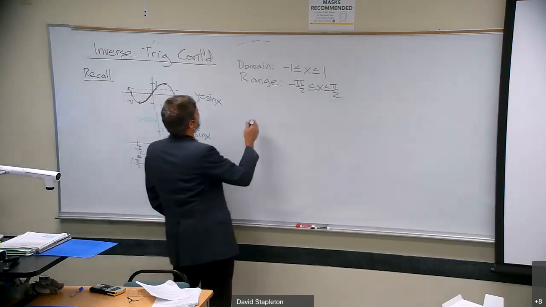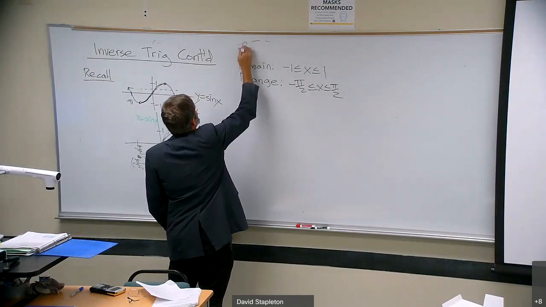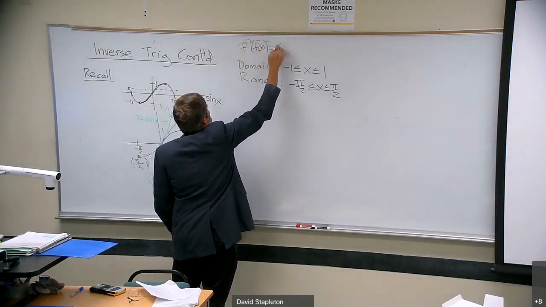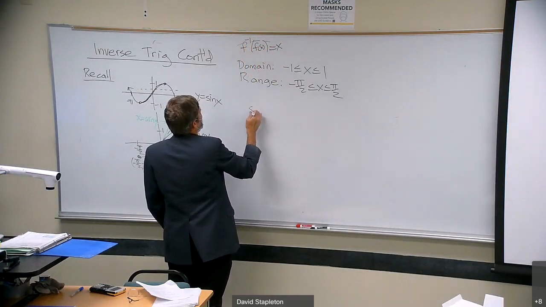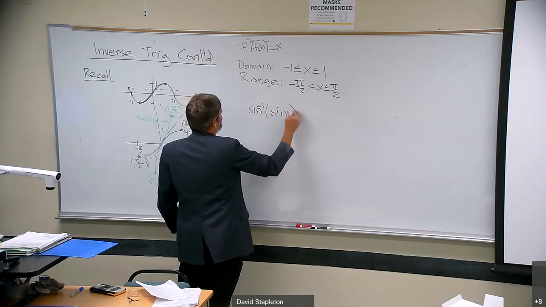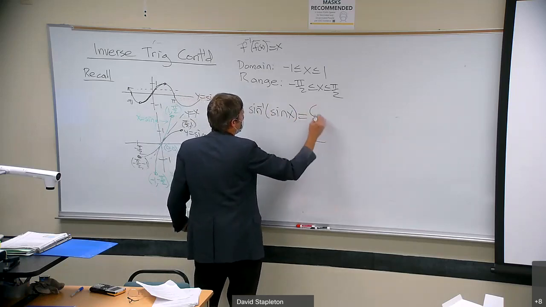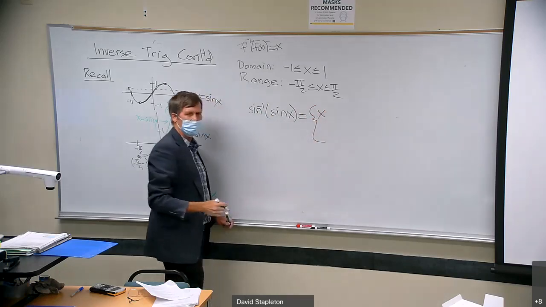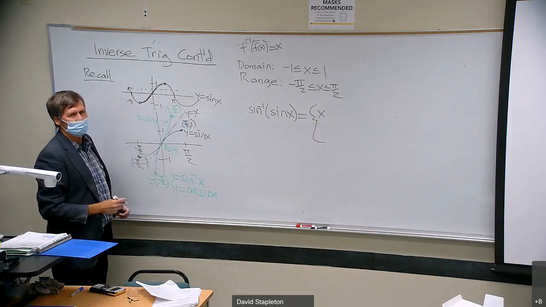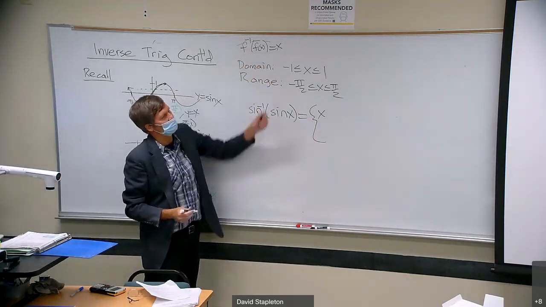And it has this important property. Because inverse functions have this property, f inverse of f of x gives you x back for any x. Consequently, the inverse sine of the sine of x has to give you x back also. However, unfortunately, not for all x. Why not for all x? Doesn't it give you x back like the general inverse function does?